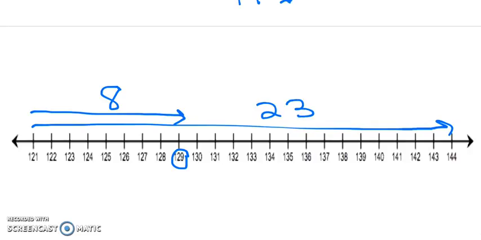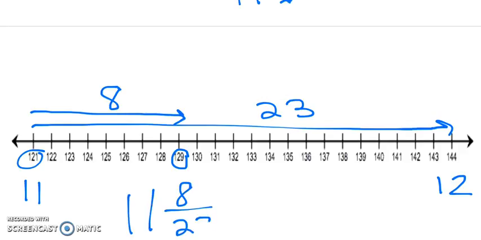Therefore, we know it is 8/23 of the distance. The square root of 121 was 11. The square root of 144 was 12. Therefore, we know it's going to be 11 and 8/23.